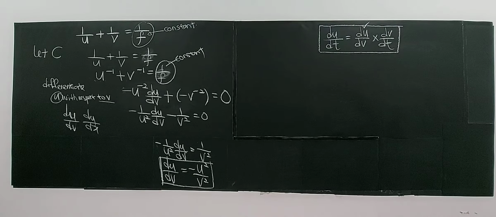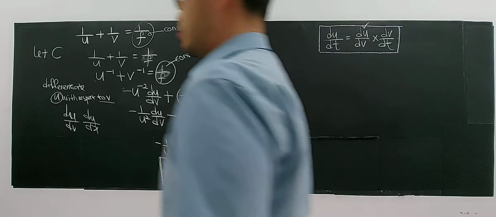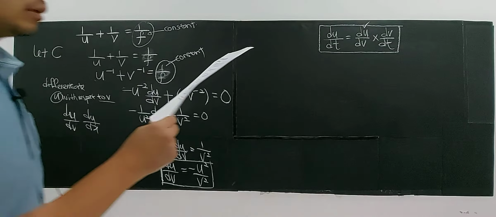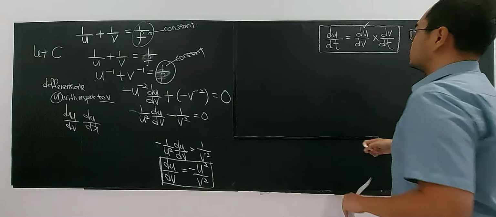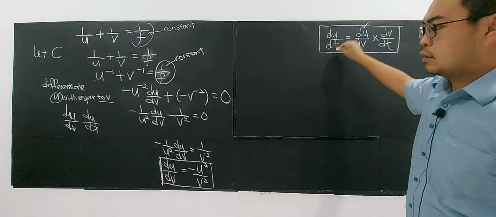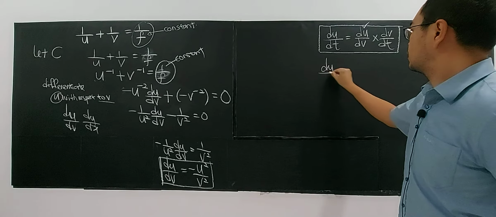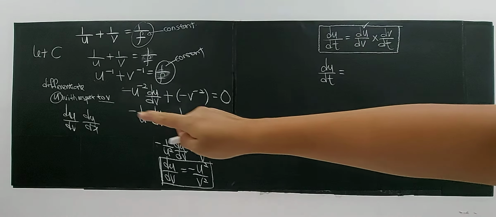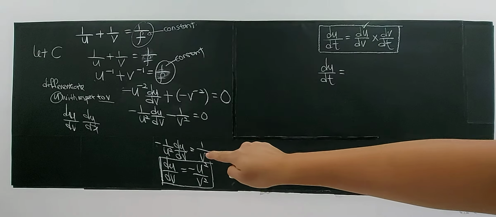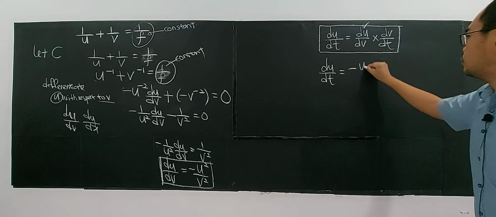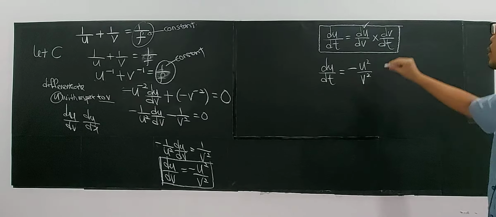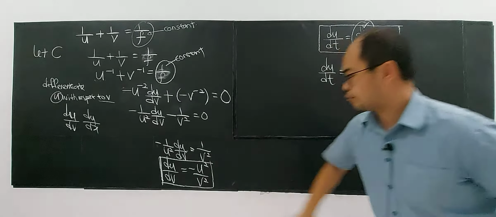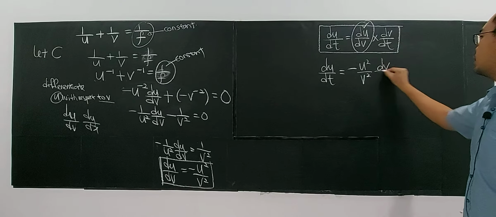So then, okay, let's look back at the question. The question wants you to find the relationship between du dt, dv dt, u and v. So very simple. du dt is the same as du dv, which is negative u squared over v squared, then multiplied by dv dt.